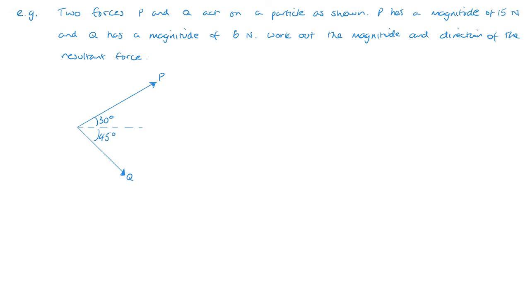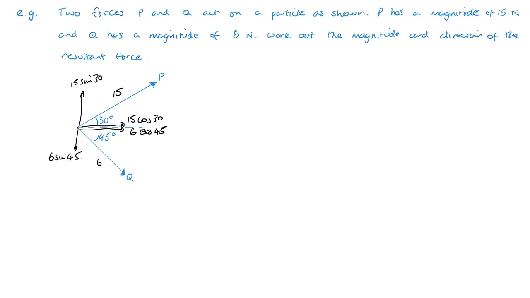So if we're splitting it up into the components, P is 15 newtons and Q is 6 newtons. So going horizontally this way, we've got 15 cos 30. And vertically, we've got 15 sin 30. Then for Q, we've got 6 cos 45, and downwards we've got 6 sin 45.